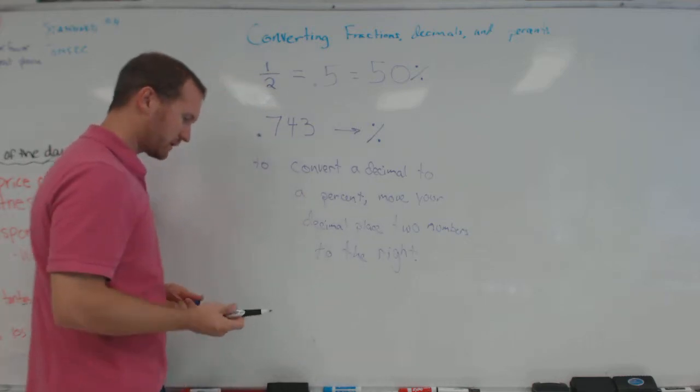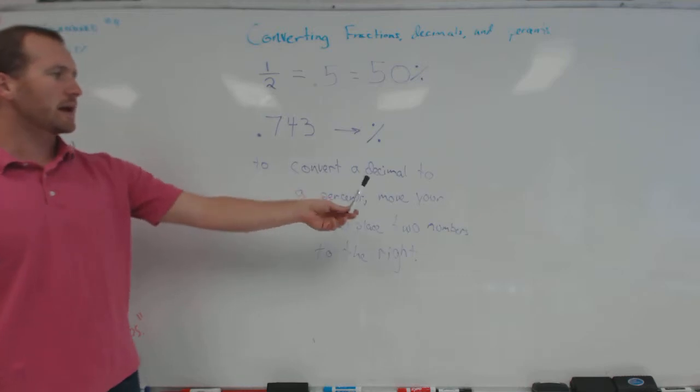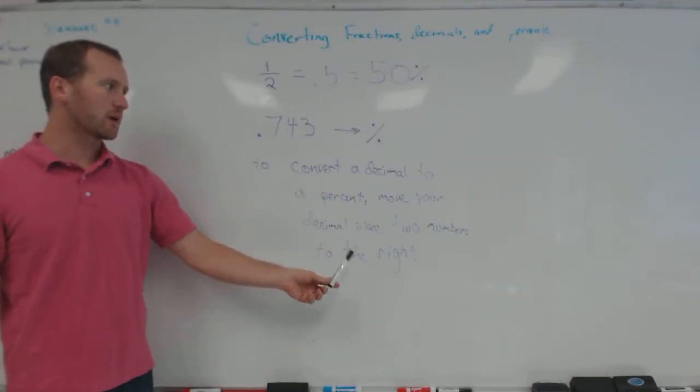I don't know how visible this marker is going to be on the video. So that says to convert a decimal to a percent, move your decimal place 2 numbers to the right.